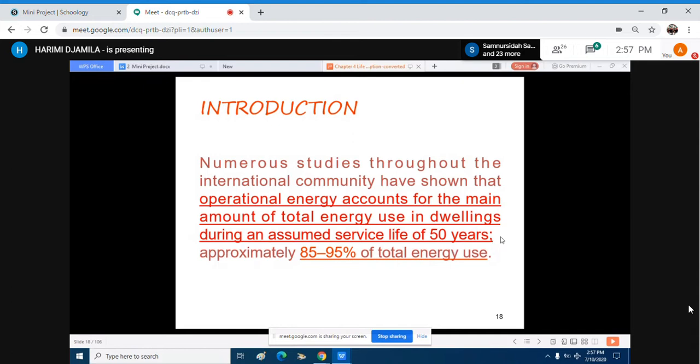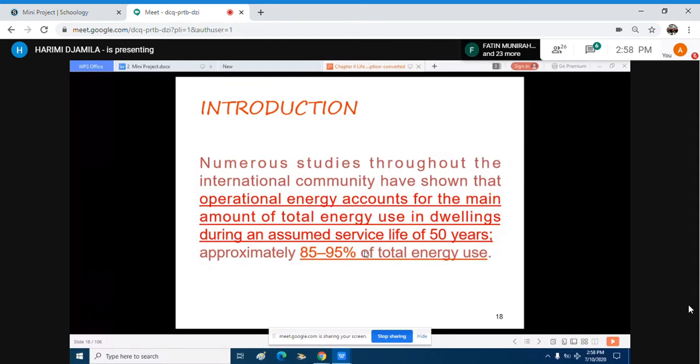Of course, depending on building materials, if you build a wooden house, it doesn't have a similar service life as a concrete house. So the operational energy sometimes can account for 85 to 95% of total energy use. This is very huge. For that reason, currently you hear many people talking about energy efficiency, lighting efficiency, anything linked to the inside of the building.